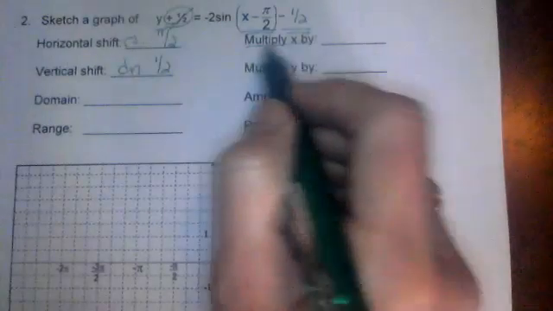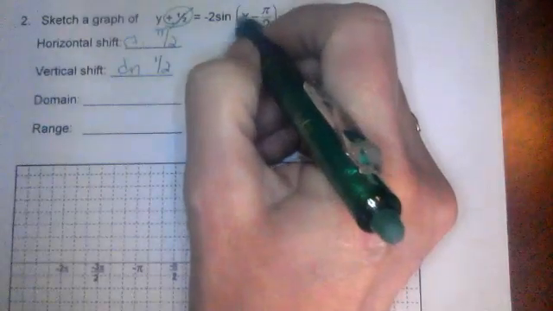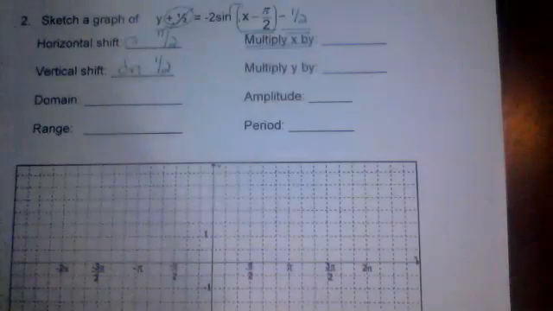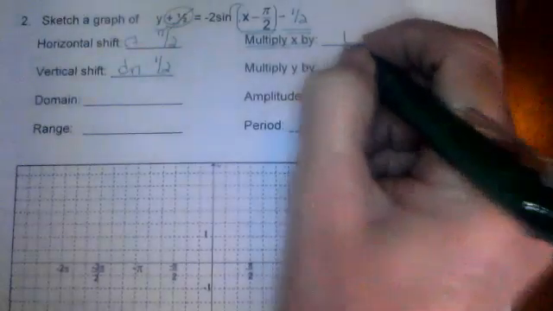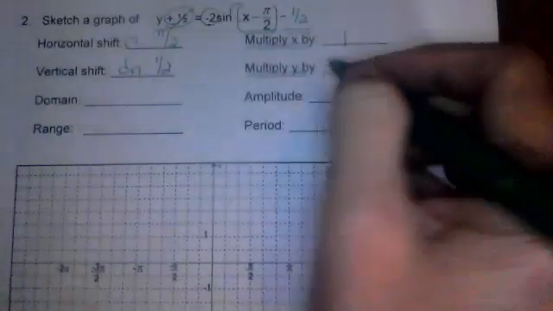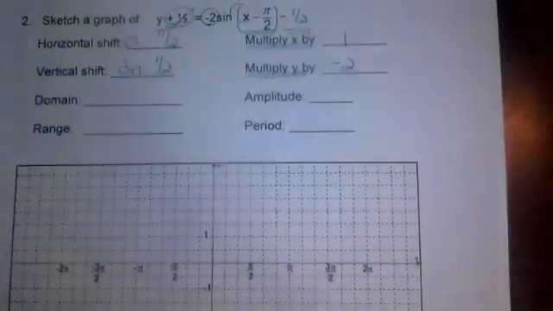We're going to multiply the x's by the number that's in front of x. Well, you notice here that there is no number in front of x. So we're just multiplying the x's by 1, or really not changing them at all. The y values, we're going to multiply them by the number that's in front. In this case, that would be by -2.